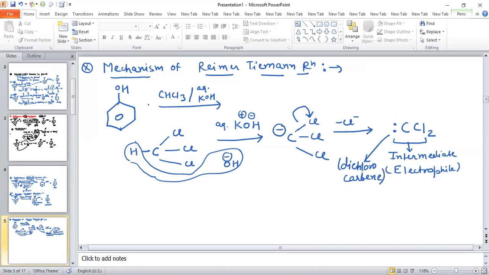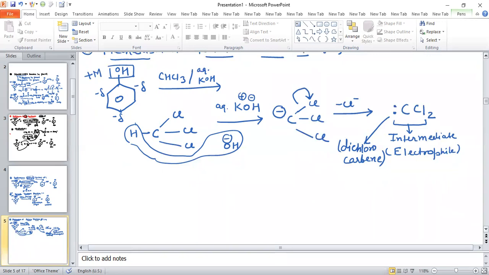Now, again, this is the plus M group, and at the ortho position electron density increases, and at the para position electron density increases. Now this electrophile will attack at the ortho and para positions. Now, see what happens. You can easily identify.